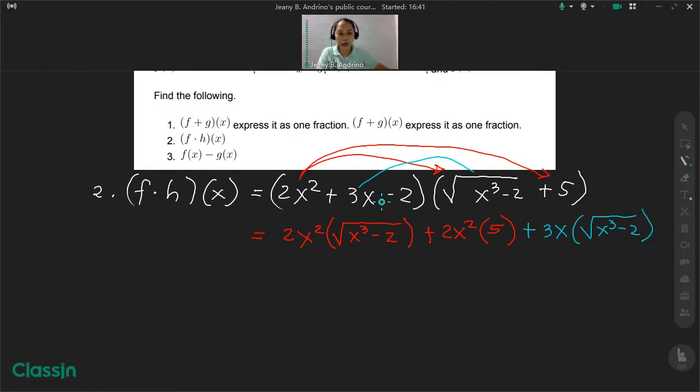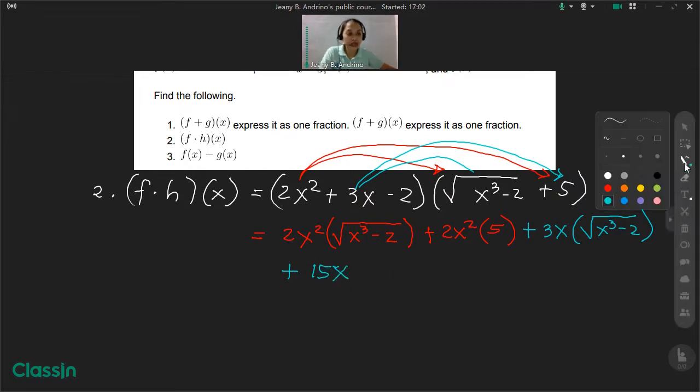And then we go for this one here and the second term of the other function. So we have plus again because positive 3x times positive 5, that will be a positive still. So we have 3x times 5, that's gonna be 15x.